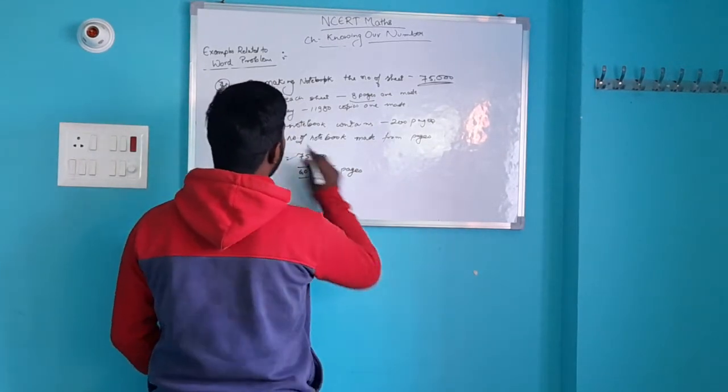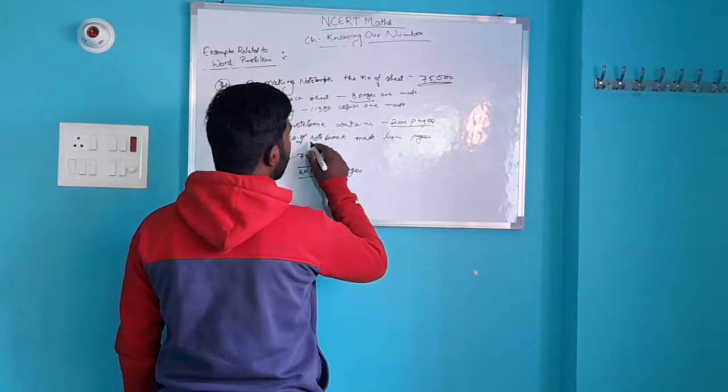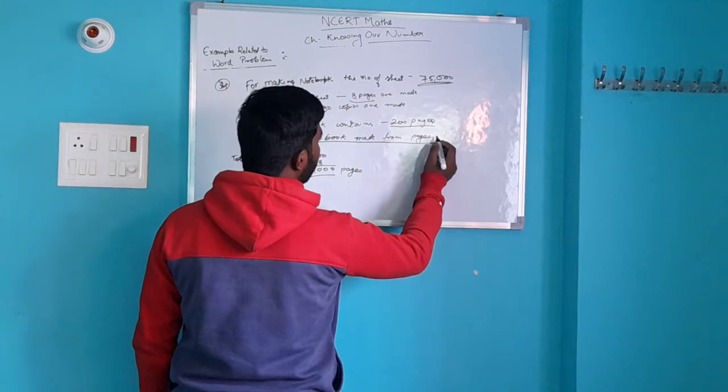And in one copy there are 200 pages. And we need to find the total number of notebooks made from the pages.